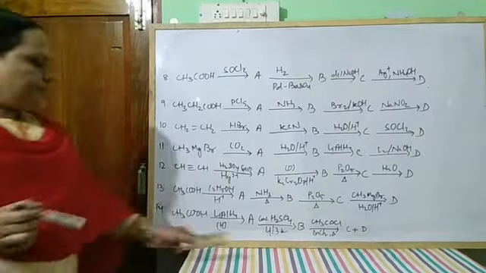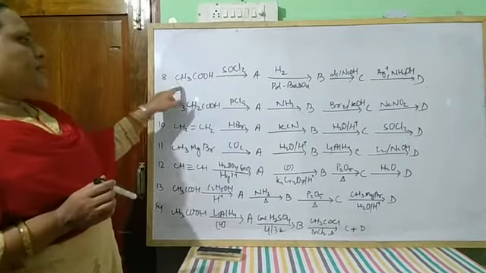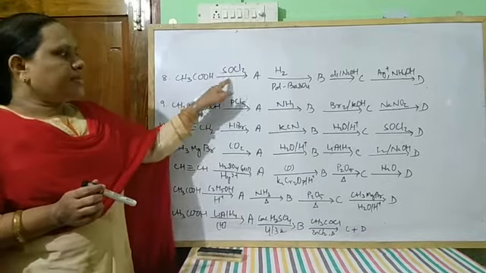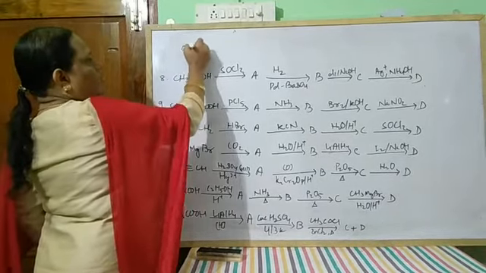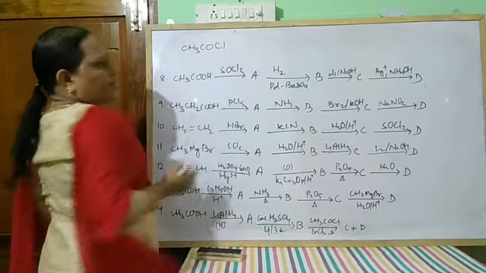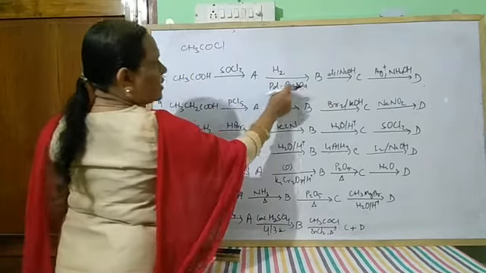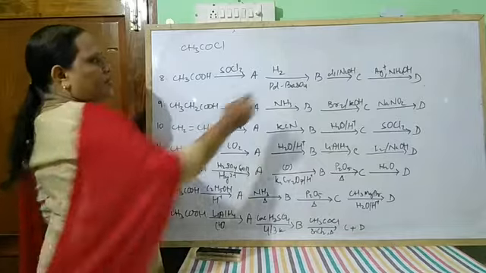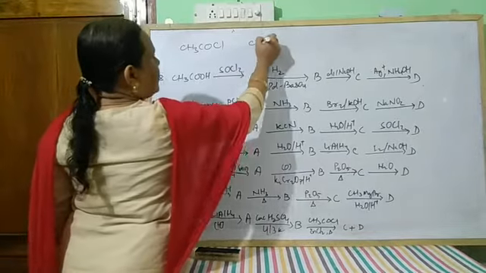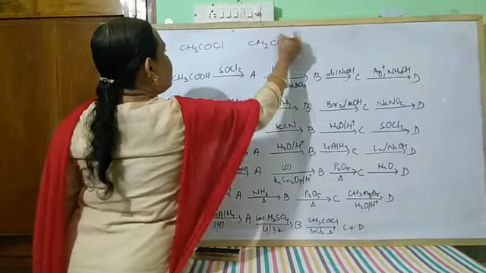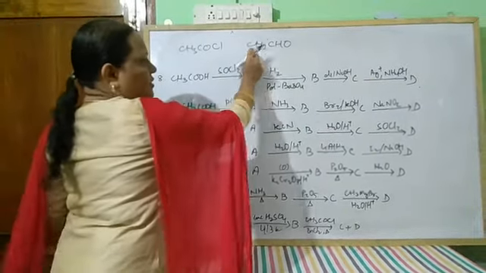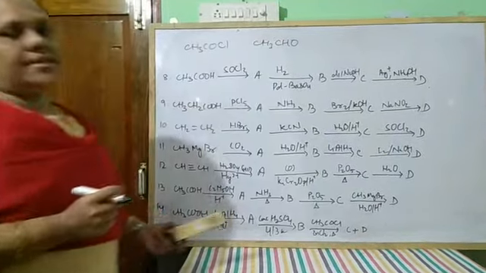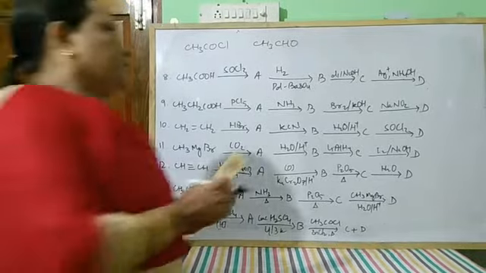Next, again repetition. Acetic acid reacts with thionyl chloride. So this one, acid chloride, hydrogen, palladium, barium sulfate, Rosenmund reduction, again gives you acetaldehyde. When this reacts with dilute NaOH, it undergoes aldol condensation.